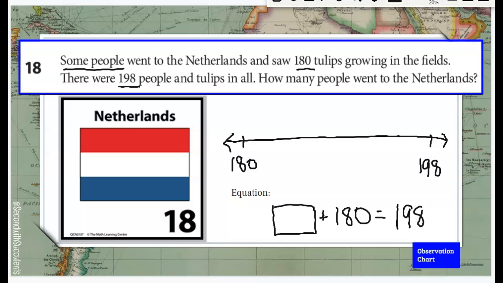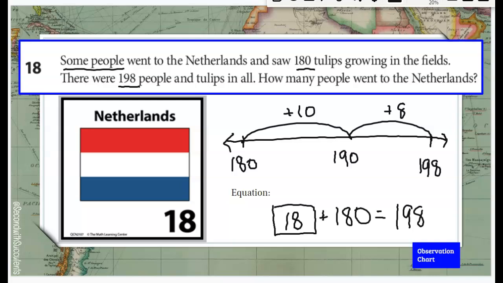Now I know 180 plus 10 will get me to 190. Well, I know if I add 8 more, I will land on 198. 10 plus 8 equals 18. 18 plus 180 equals 198.